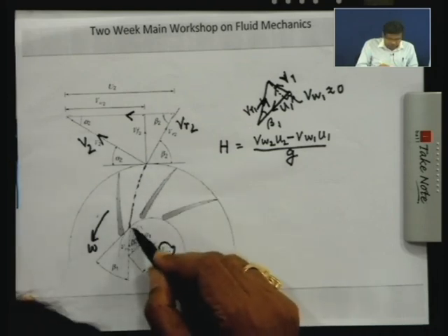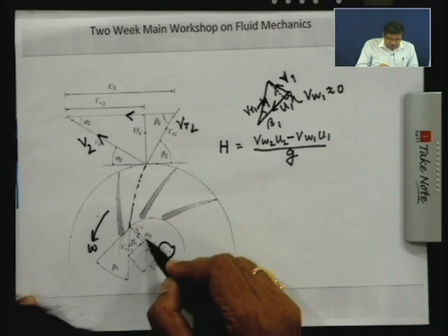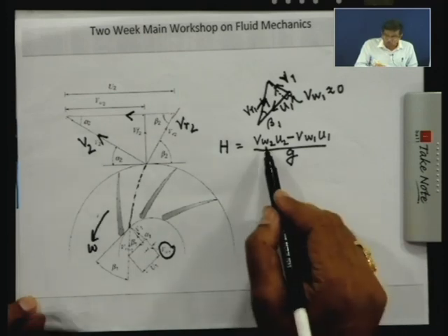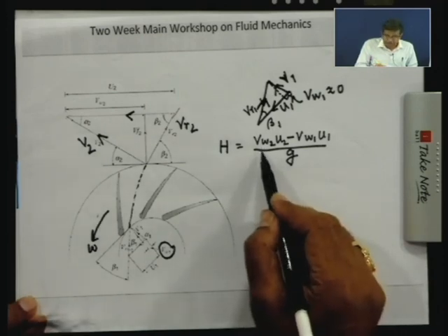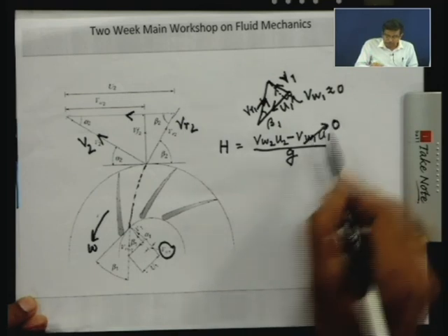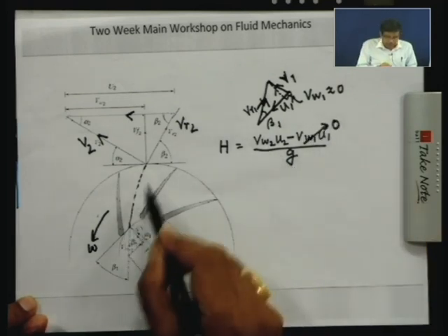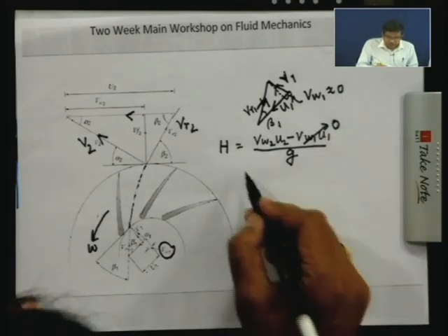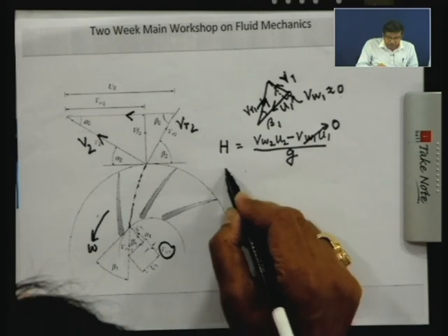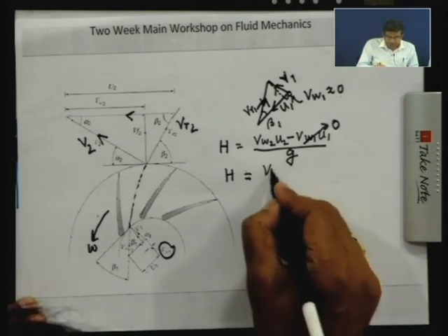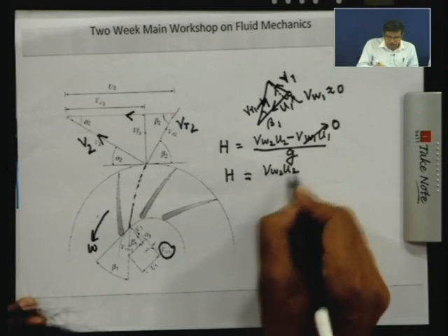It is for the same reason that VW2 at the Francis turbine outlet is 0; here VW1 is 0 because then the rotor can give maximum work to the water. So here VW1 is very small, almost 0, and H, the head given to the water, becomes VW2 U2 by g.